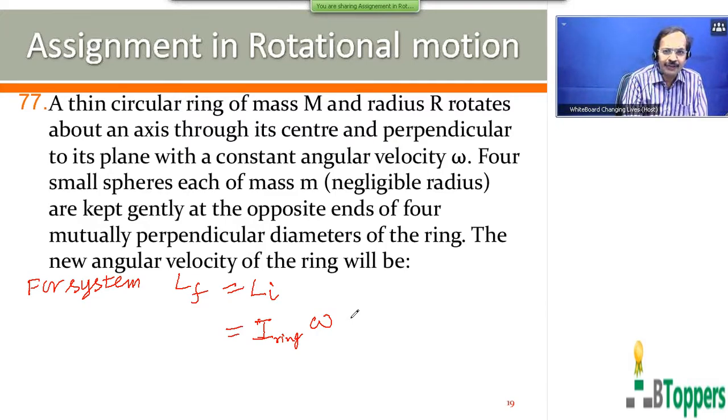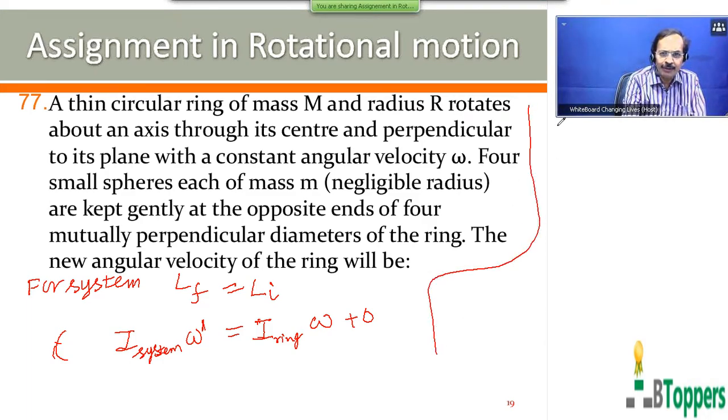Initially, the four spheres can be assumed to be at rest, just before they are attached to the four ends of the ring. So final angular momentum is equal to the moment of inertia of the system, final moment of inertia of the system, into final angular speed. Let omega dash be the new angular velocity of the ring.